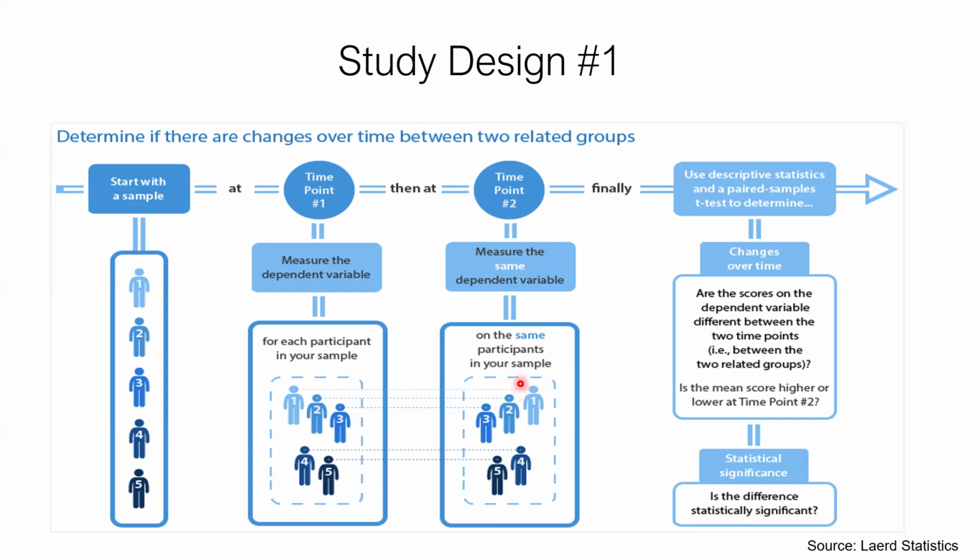Then we can use paired t-tests to compare differences at the two time points. Say, for example, you may be interested to find out whether the scores on the dependent variable are different between the two time points.